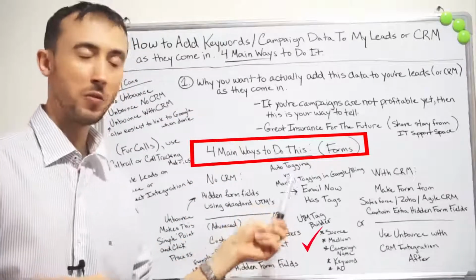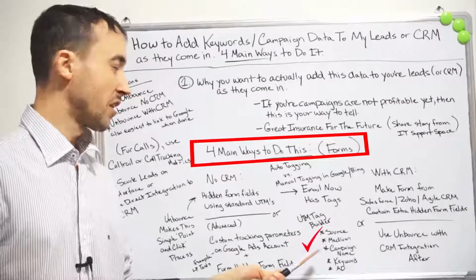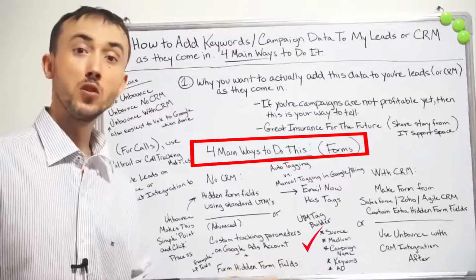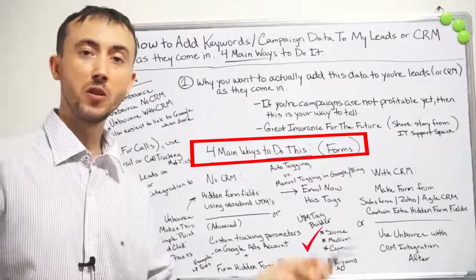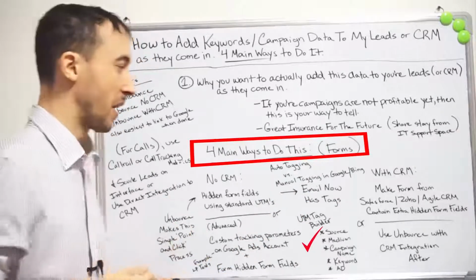For the most part, auto tagging will be fine. There's a UTM tag builder tool that Google provides that can customize your UTM tags for you, to make it easy if you're not savvy in doing technical stuff like this.